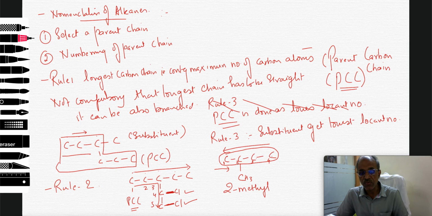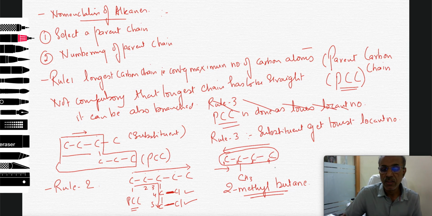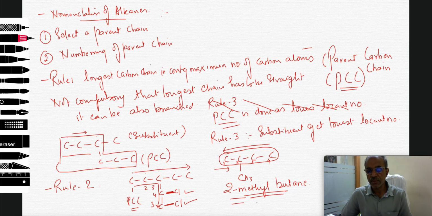If C4, then it is butane, 2 methyl butane. 2 methyl, 4 carbon atoms, so its parent carbon chain happens to be butane, 2 methyl butane. It will not be 3 methyl butane. This will be wrong and this will be correct.